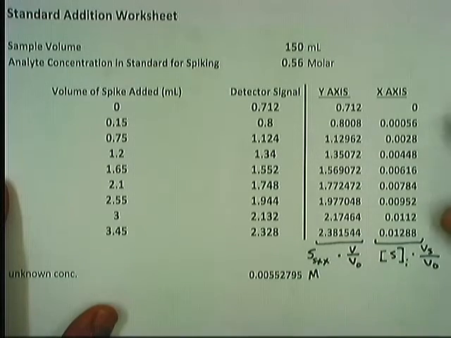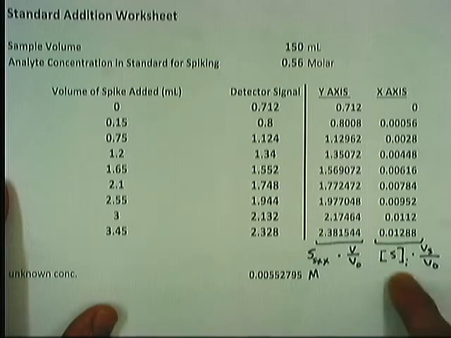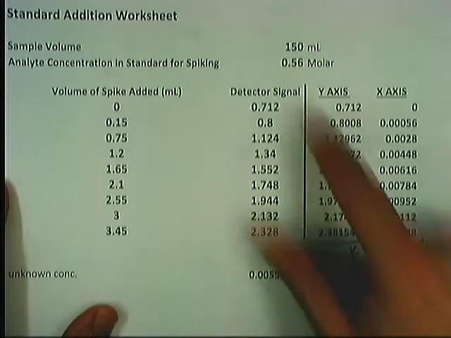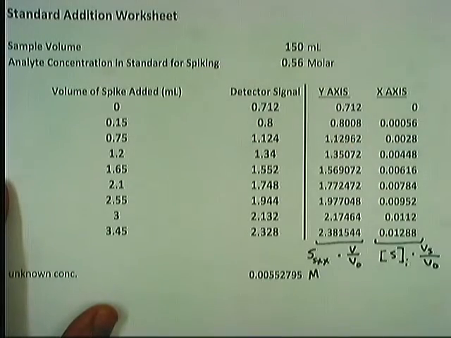I've done a very similar thing for my X coordinate over here, except I used my X variable from that other equation. The volume ratio here was the volume of the spike divided by the initial volume times the concentration of the analyte in the spike solution, which of course here is always 0.56 moles per liter.